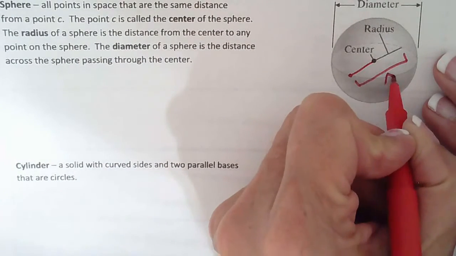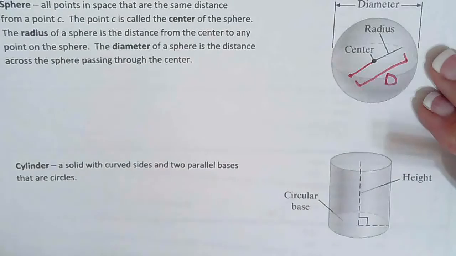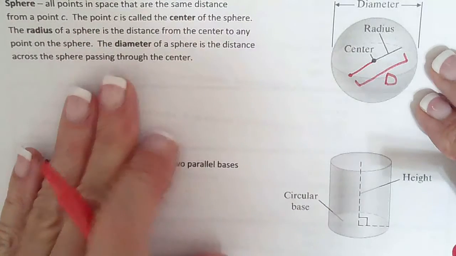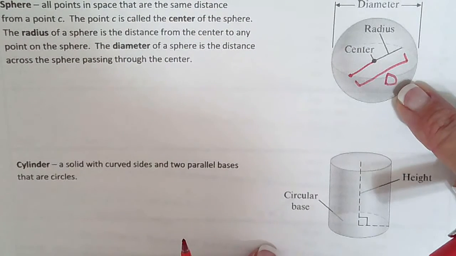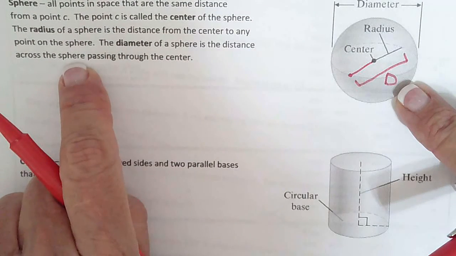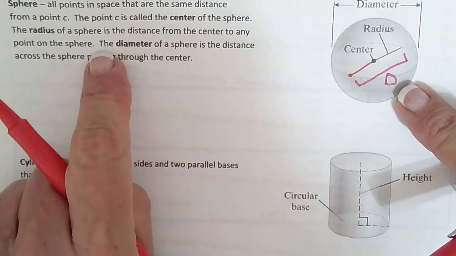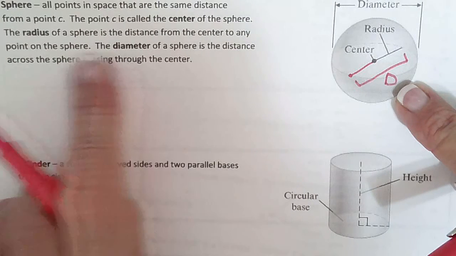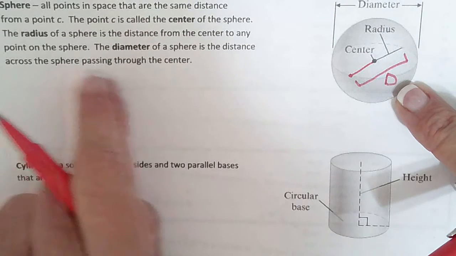So same exact vocabulary as a circle, except a circle is a plane figure. A sphere is 3-dimensional. So the diameter is the distance across the sphere passing through the center, just like a diameter is the distance across a circle passing through the center.